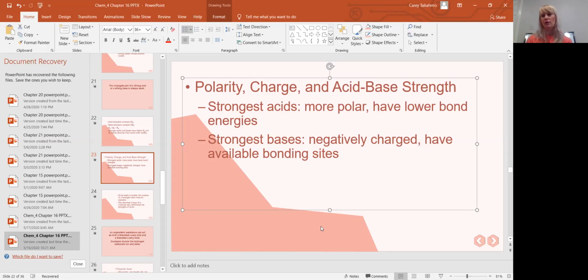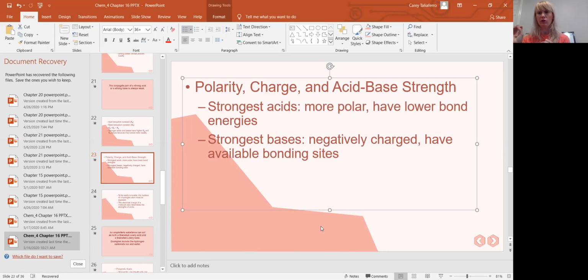So the difference in electronegativity between a hydrogen ion or an atom and what it's bonded to will make a big difference. So like HCl, think about that. Hydrogen compared to chlorine, chlorine is much more electronegative. So in that bond, those electrons are going to be pulled towards chlorine, making that hydrogen very easy to donate. Same thing with HI, same thing with HBr.